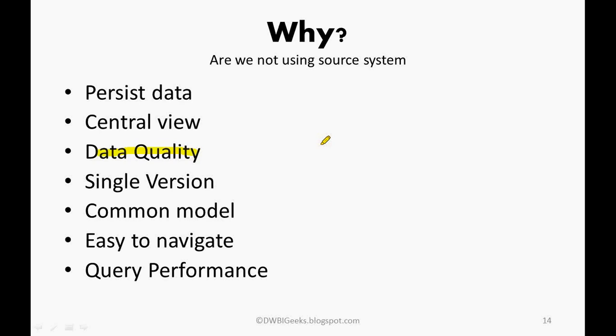Because if you want to extract a certain data set from different data sources, we need to write very big, complex queries. Whereas in a data warehouse, each and every piece of data will be filtered and the required data will be kept in an organized manner. And moreover, utmost care is taken to improve data quality during this process.